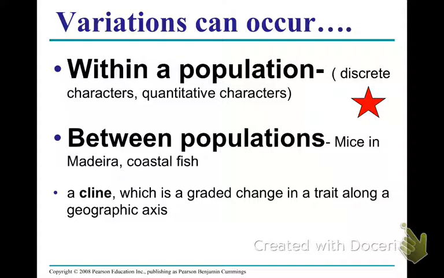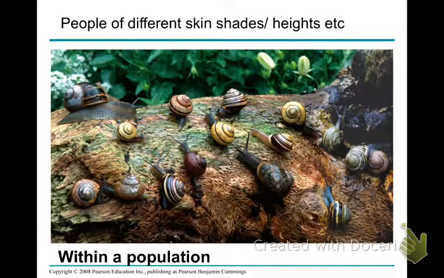Okay, we'll discuss each one of these examples. So, in a population of snails, you will have varied kinds of shell colors and stripes, and also sizes. This directly compares to people of different skin shades and heights in the human population. So within a population you can have variation.